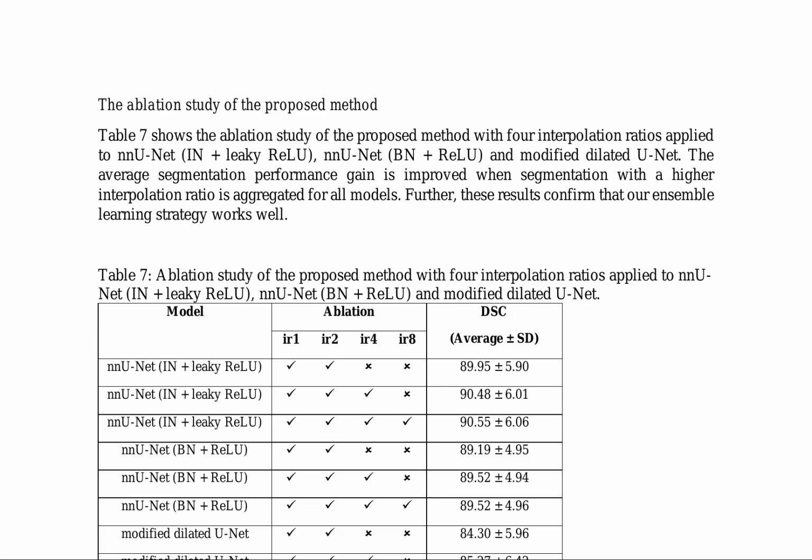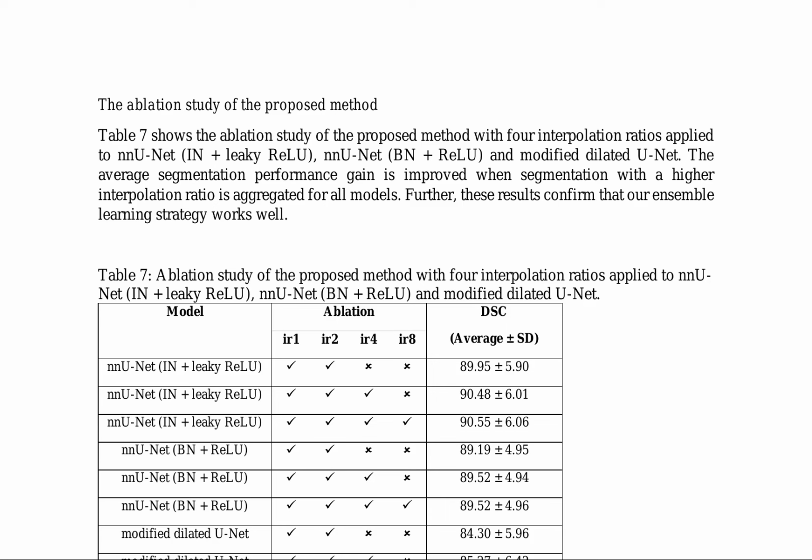The ablation study in Table 7 assesses the impact of 4 interpolation ratios on the segmentation performance of 3 models: nnU-Net with instance normalization and leaky ReLU, nnU-Net with batch normalization and ReLU, and modified dilated U-Net. The results show that aggregating segmentations with higher interpolation ratios enhances average segmentation performance across all models. Notably, the dice similarity coefficient, DSC, increases with the interpolation ratio, indicating the benefits of ensemble learning.